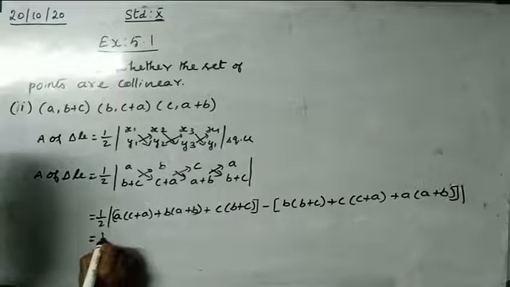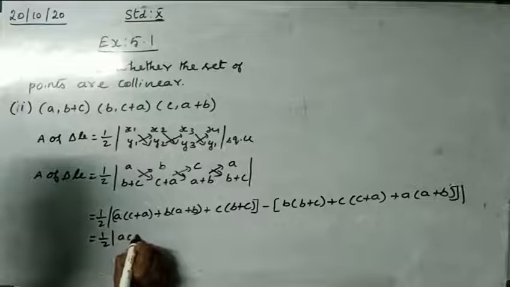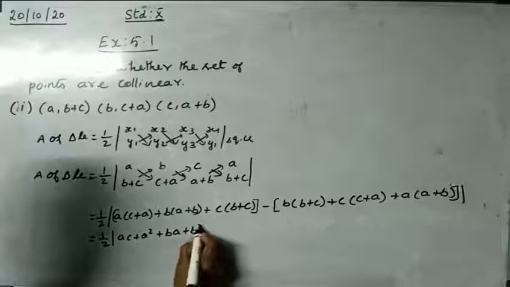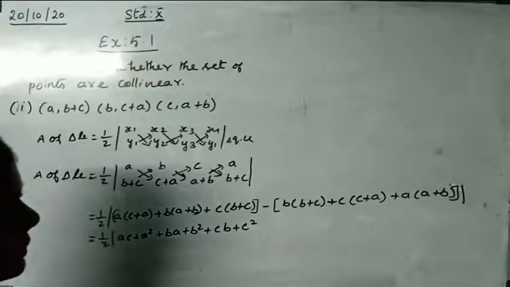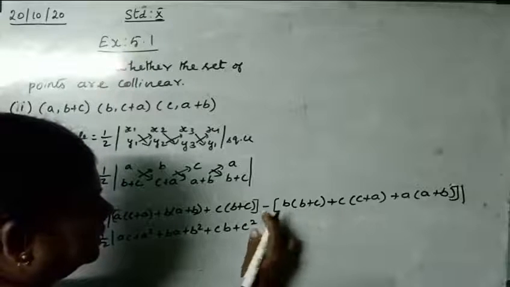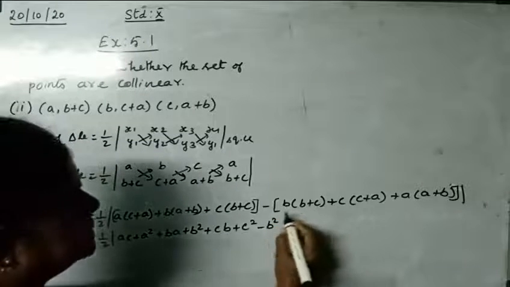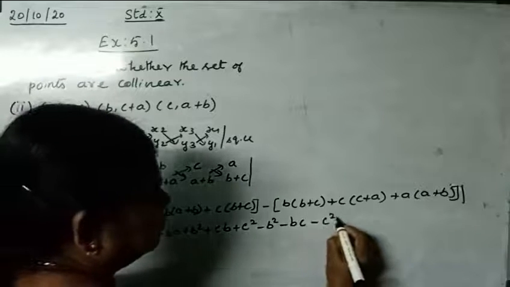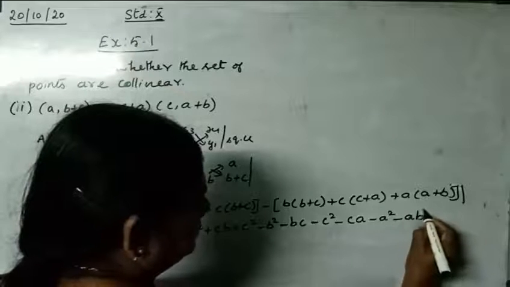So it is equal to 1 by 2 of, now multiply this A inside: AC plus A square plus BA plus B square plus CB plus C square. Then take this minus and multiply all the terms. B into B is B square, minus B square. Remove the bracket and write: B into C is BC, minus BC, minus C square, minus CA, minus A square, minus AB.